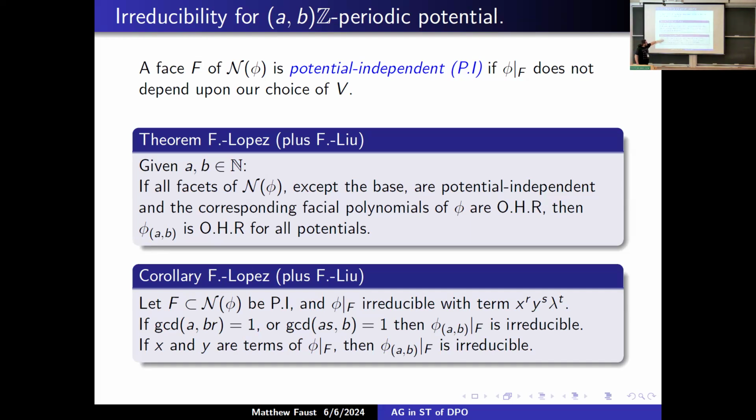So let F be potential independent, and our facial polynomial is irreducible with some term x to the r, y to the s, lambda t, and we get the same thing. If a is coprime to both b and r, or b is coprime to both a and s, then phi sub b restricted to F is irreducible. And once again, if you have both x and y appear as terms in your facial polynomial, then no matter your choice of a and b, you always get the corresponding facial polynomial of phi sub b is irreducible.